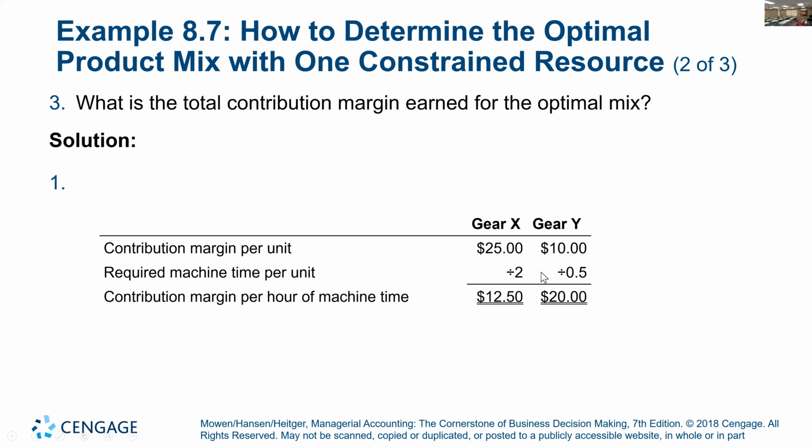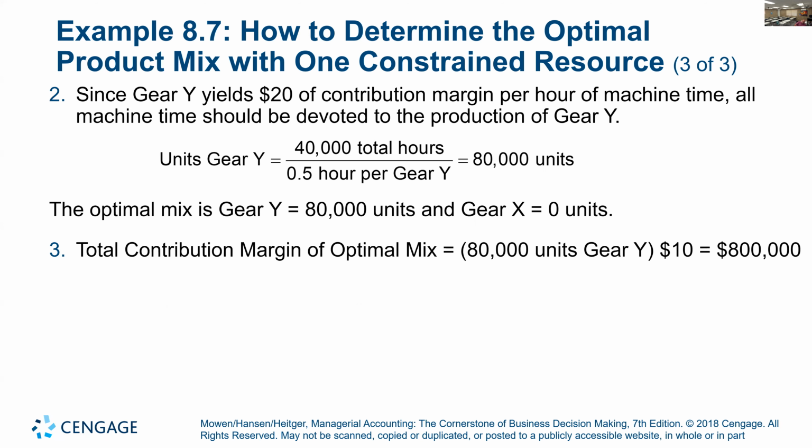So we want to make as many of gear Y as we can sell before we start making gear X, even though it has a higher contribution margin per unit. That just means we're going to be able to produce the most of them that way, and along with the contribution margin per unit, reach a higher total net income.